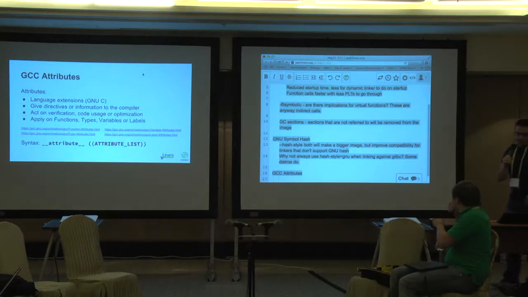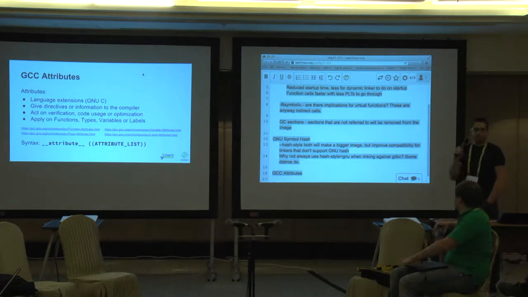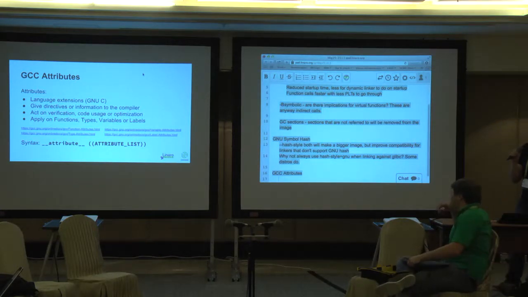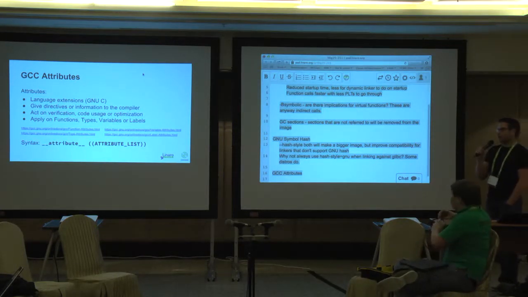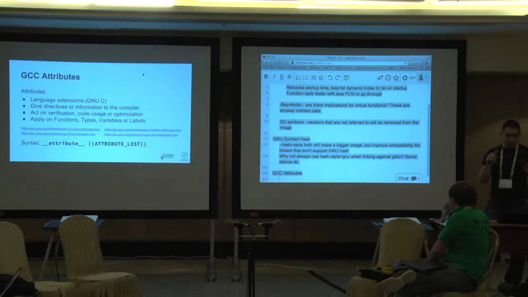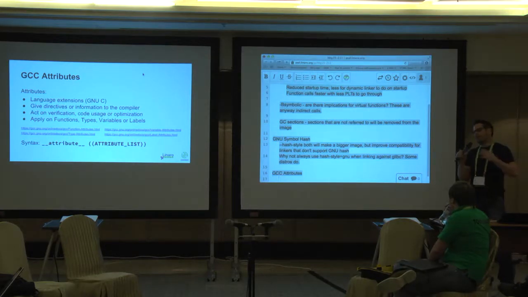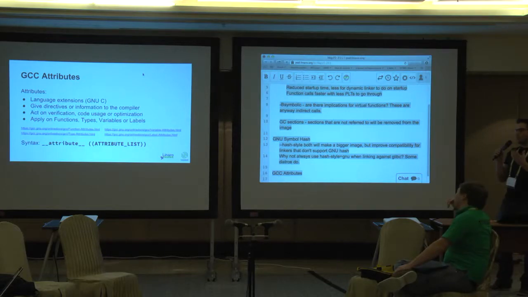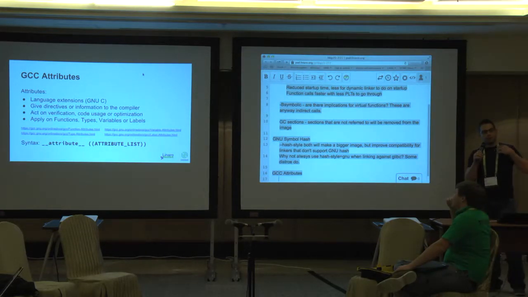What are attributes? First, they are a language extension. This is not ISO C. It is known as GNU C. Attributes are used to give directives and information to the compiler. The way this information is used is to improve the verification of your code, to have an impact on the way your code will be used, or to apply some optimization on your code.